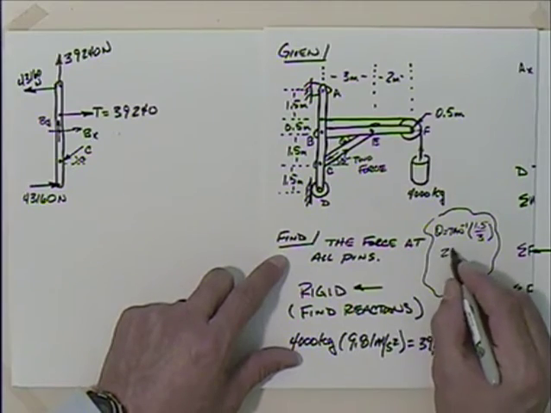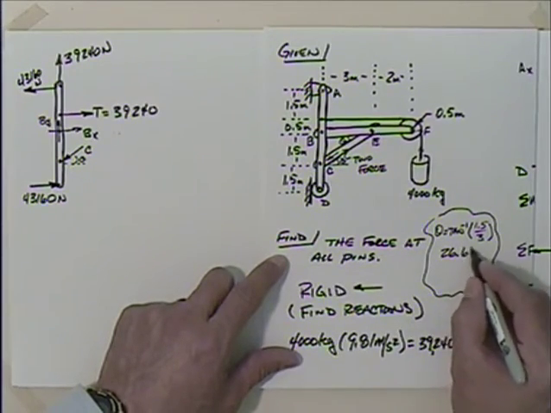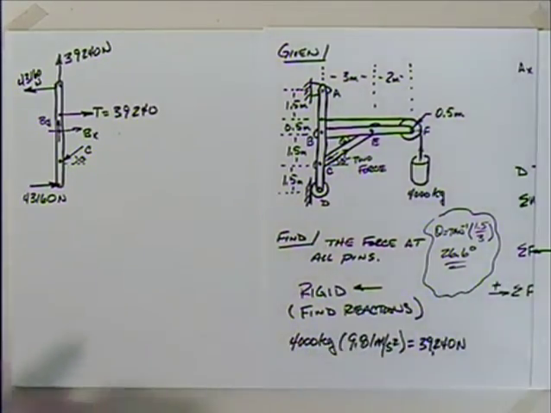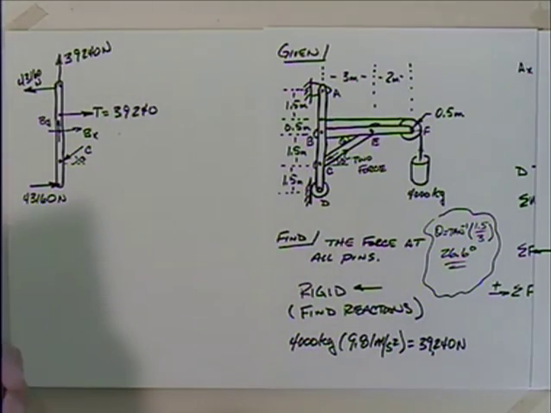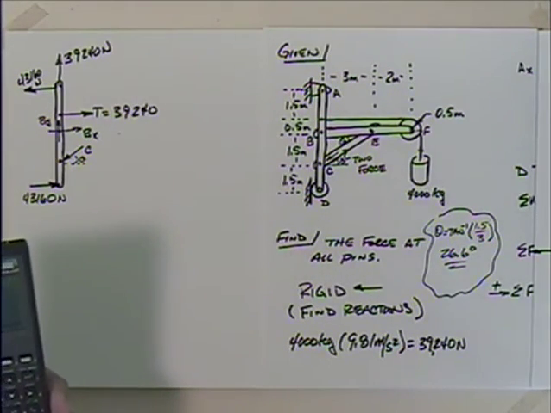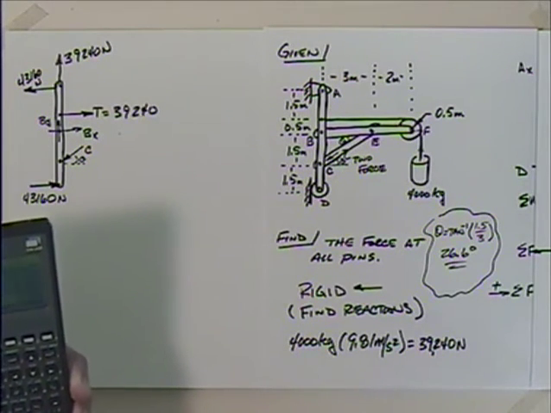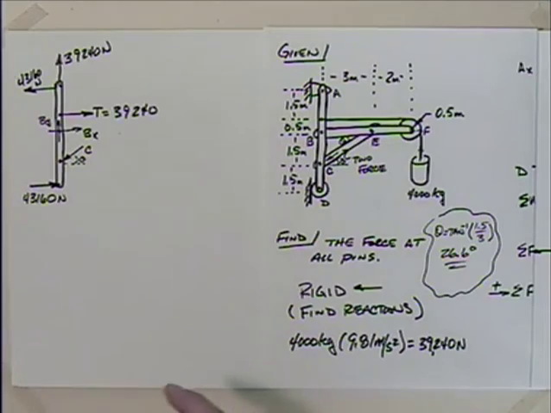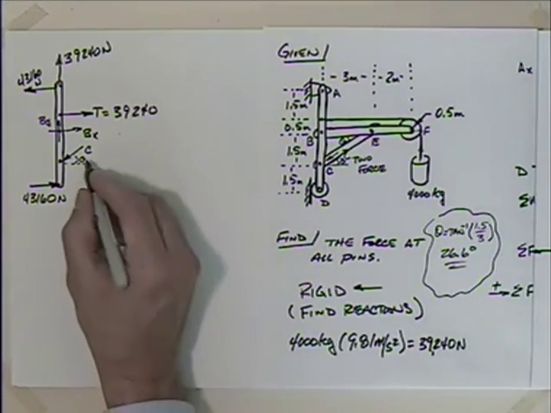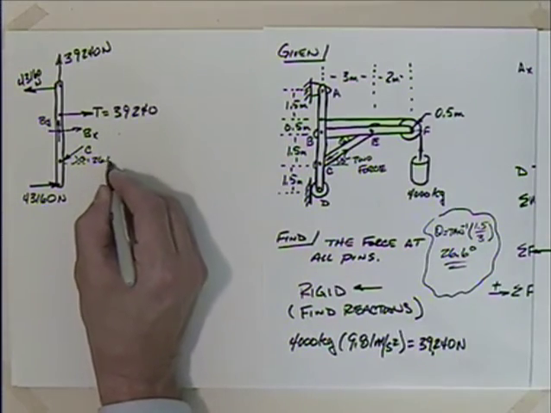Which gives me 26.6 degrees. Let me double check that. Yeah, 26.565. We'll just call it 26.6. So we've got theta, 26.6 degrees.